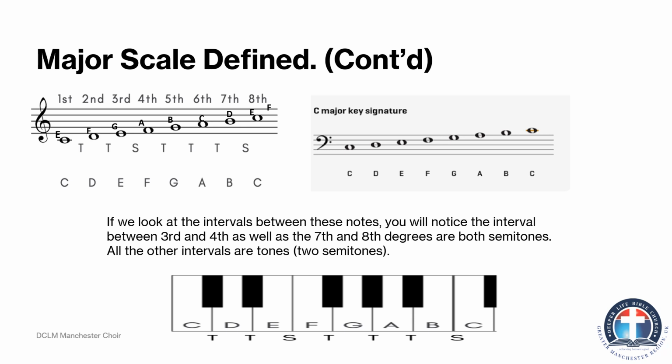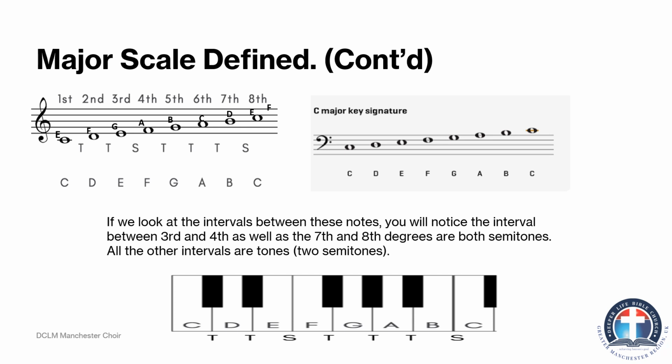We said it earlier on that we have 8 notes, and each of these notes is referred to as a degree. So that's why we have the first degree, the second degree, the third, and so on. Now we also find written on that very stave E, F, G, A, B, C, and so on.